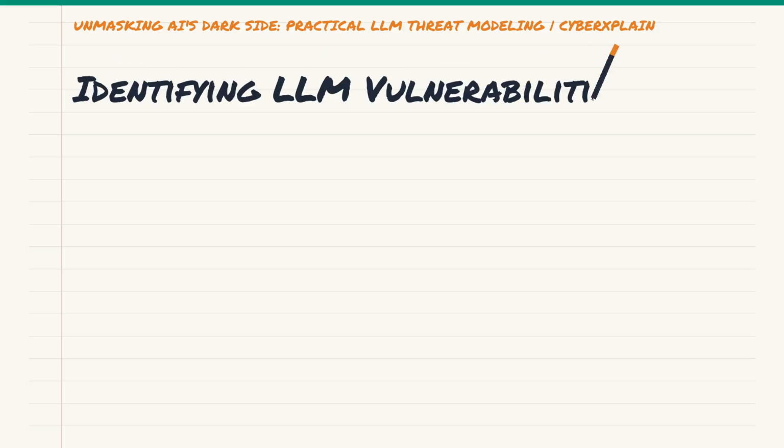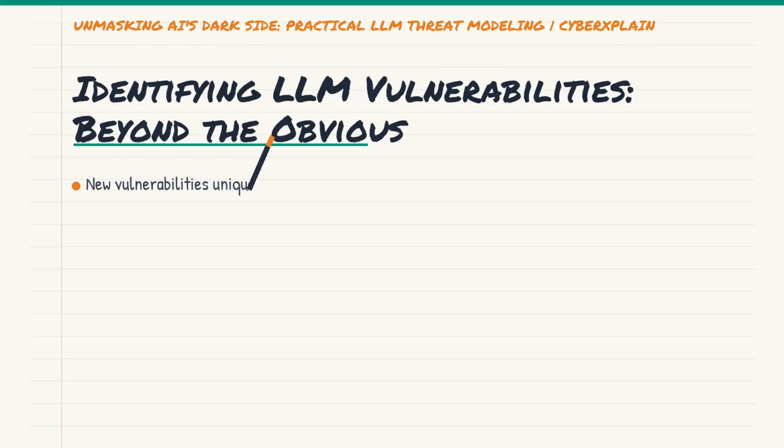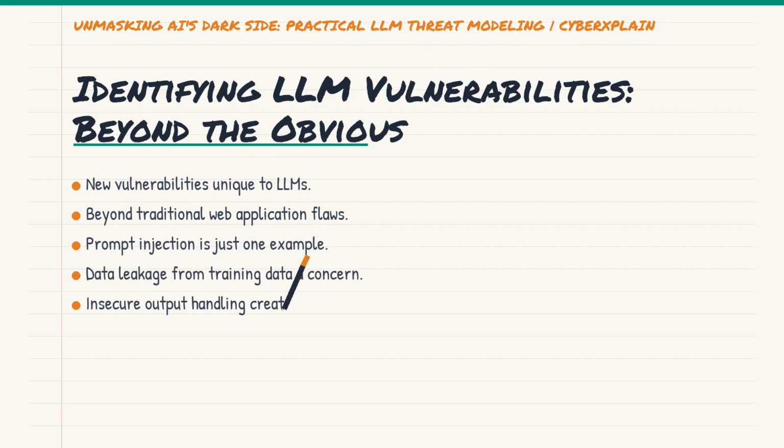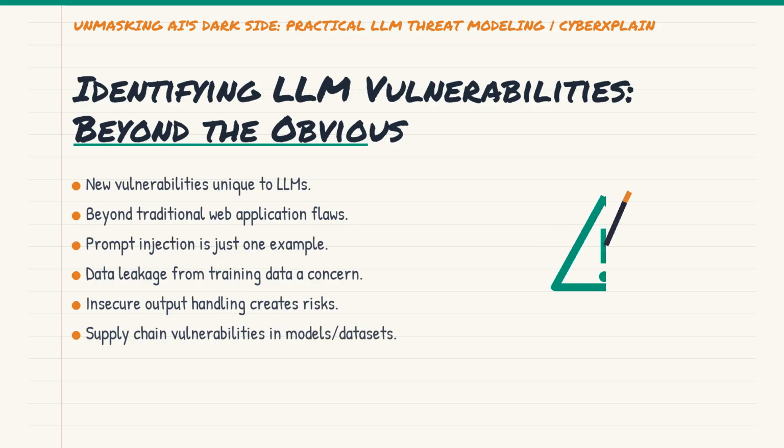When we talk about identifying LLM vulnerabilities, we are not just looking for traditional web app flaws anymore, though those can still exist. We are focusing on issues unique to how LLMs process information and interact. You've probably heard of prompt injection, but there's a whole spectrum of risks.